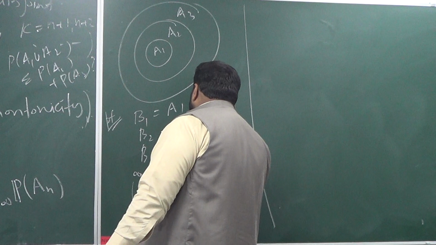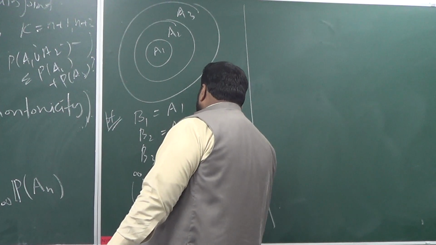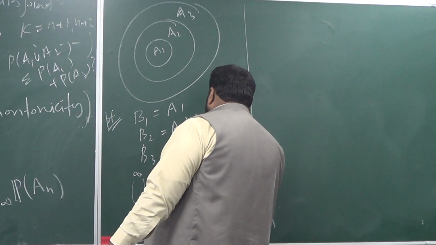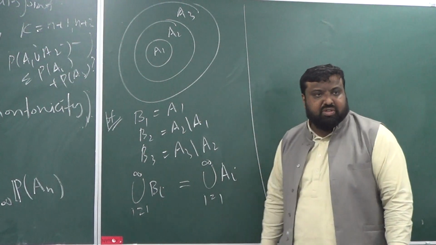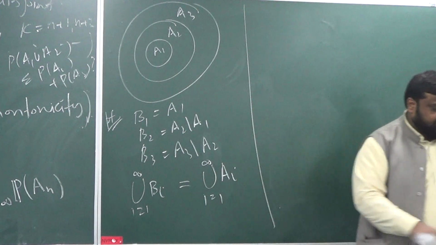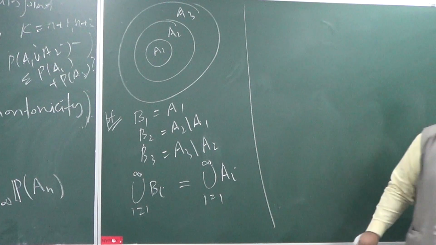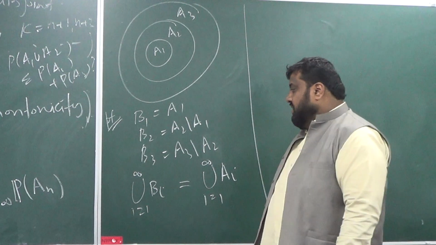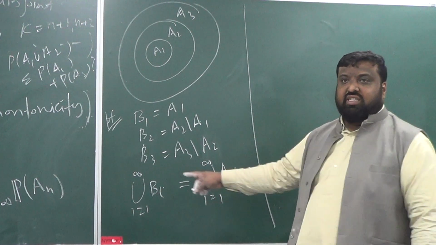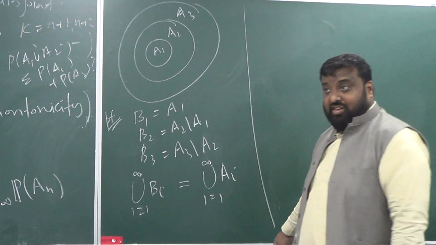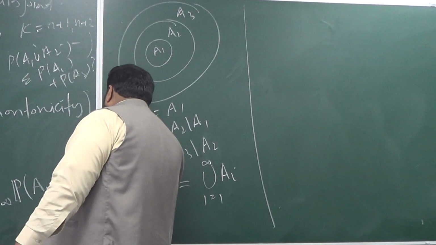I'm going to have the union of probabilities of BI, but you know, all these AI's actually. There's no difference between this union and that union. But these are not disjoint, these are disjoint. So it's a nice trick. Very clever trick.